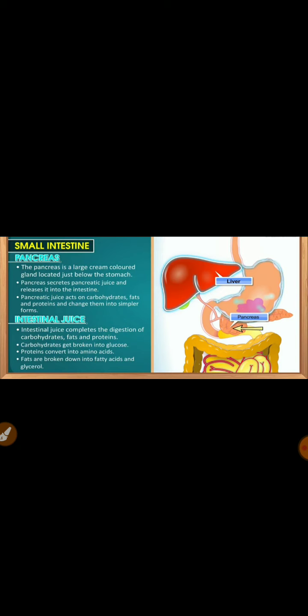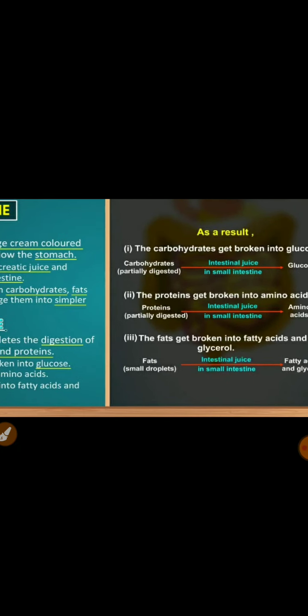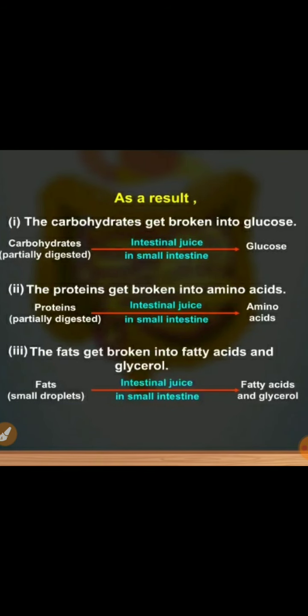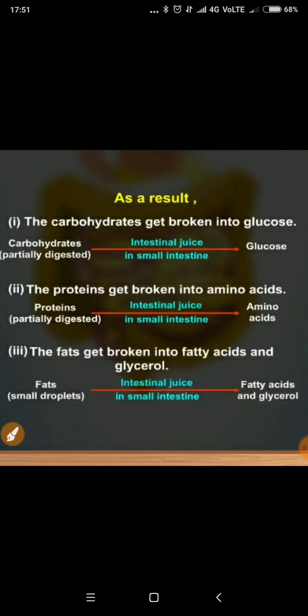Okay, and to take the required energy. All right, so are you able to see small intestine में क्या क्या changes होते हैं? Carbohydrate gets changed into glucose, protein gets changed into amino acids and fat gets changed into fatty acids and glycerol.